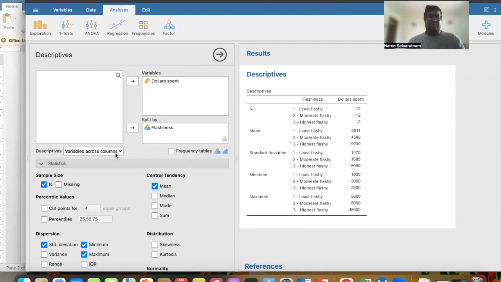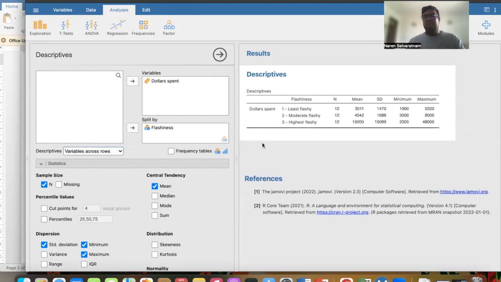But I think this method of showing it is not nice, so I'm going to change it to variables across rows. Now this is good. See, dollars spent, I have the least flashy, moderate flashy, and highest flashy. I have my Ns, mean, standard deviation, minimum, maximum.